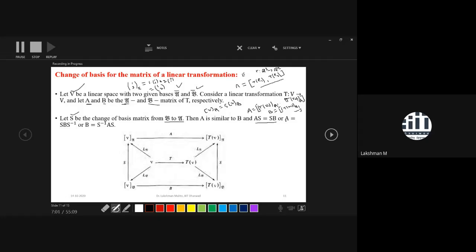So you can write A equals S B S inverse, or B equals S inverse A S. If you express a matrix in terms of another matrix with the help of a non-singular matrix, then we call this kind of relation a similarity relation.